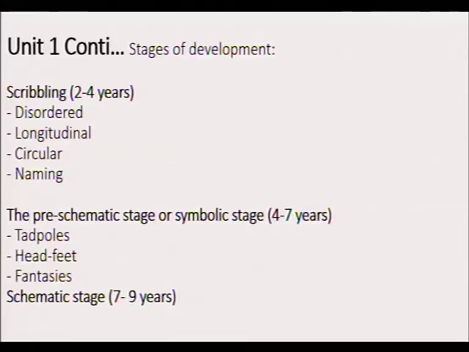Then we also have the semantic stage, which is between 7 and 9. In this stage you can expect a little bit of a coordinated image, because the learner is growing, and they are learning to identify things a little bit better, and in their drawings they are trying to make meaning.